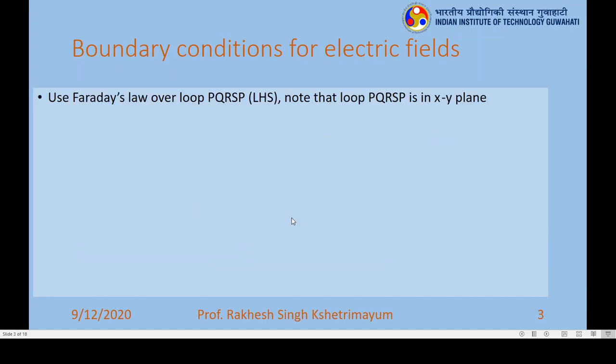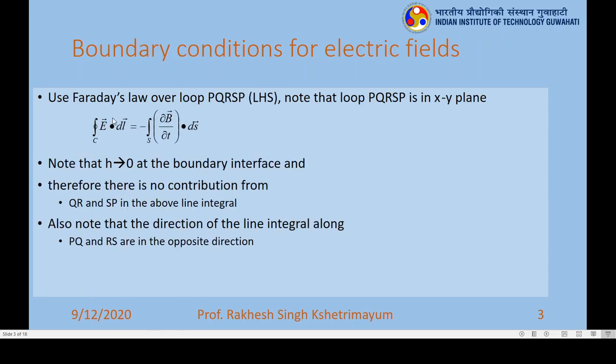Finally, the left hand side of Faraday's law over the closed contour PQRSP simply turns out to be the contributions from the PQ portion and the RS portion, which is E1t L minus E2t L.